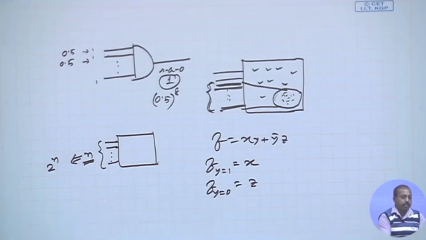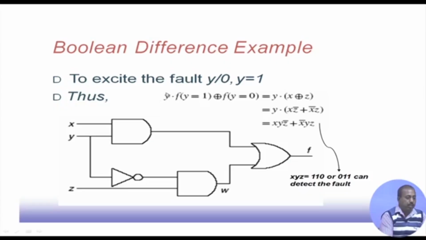You see in this expression that the y part is for putting the y line to 1, and the remaining part is for the propagation, the XOR of these two. So, it is y and (x XOR z). If you expand it, ultimately we get x y z bar and x bar y z. These are the two different test vectors that can be applied to check whether that particular fault has occurred or not. For a quick check, we can see that in both cases the y line has been set to 1.